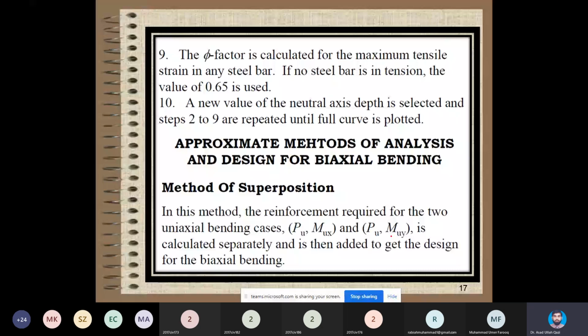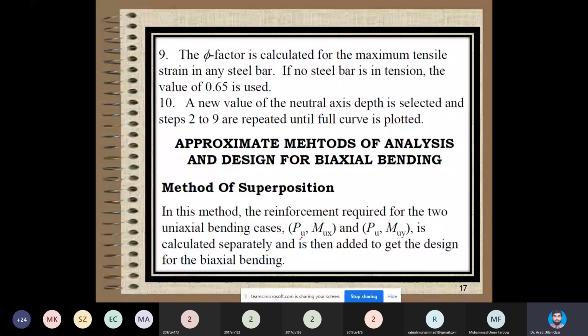You will get gamma X and gamma Y. But for a square column, gamma X and gamma Y are the same. So you will consult the same picture first for PU and MUX and then for PU and MUY.